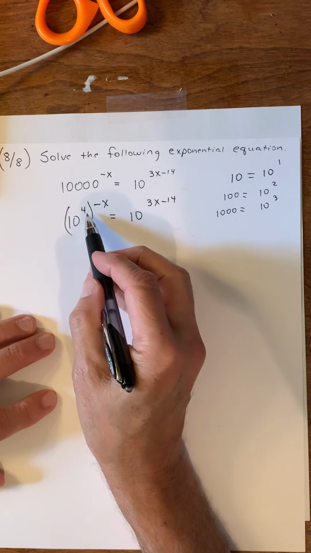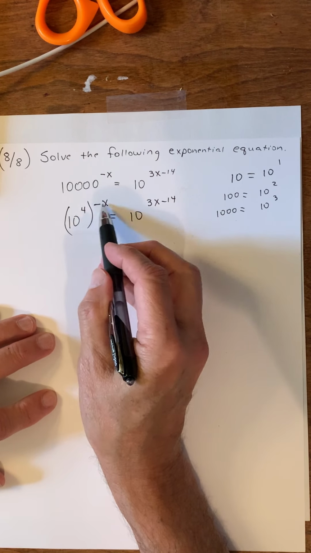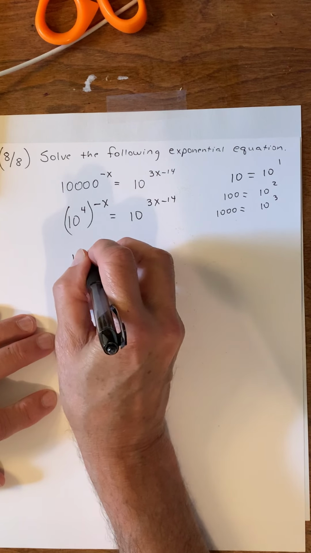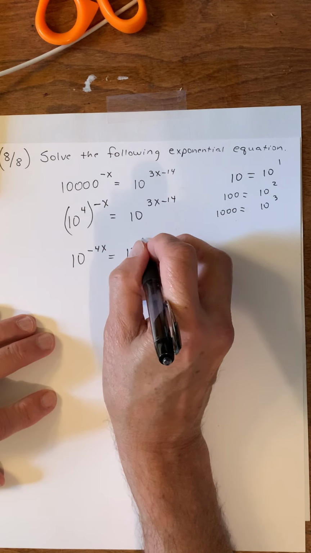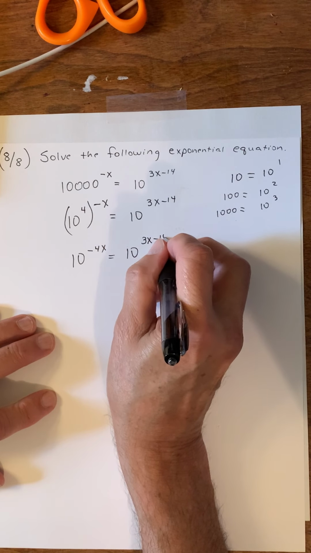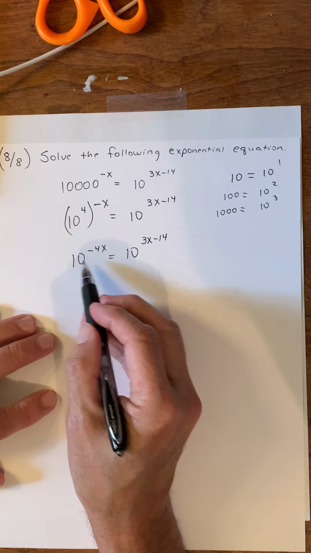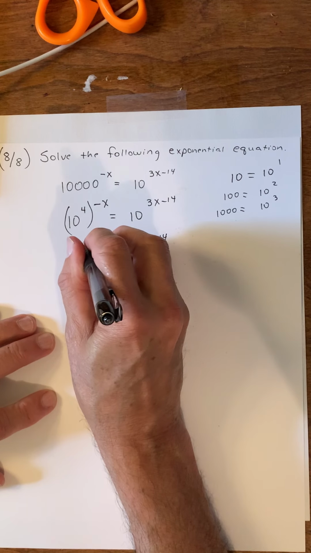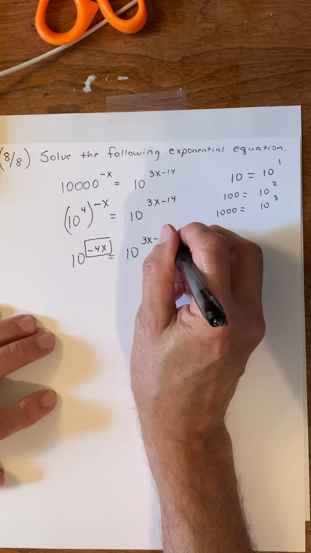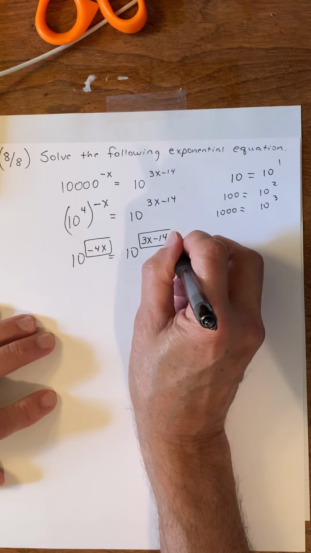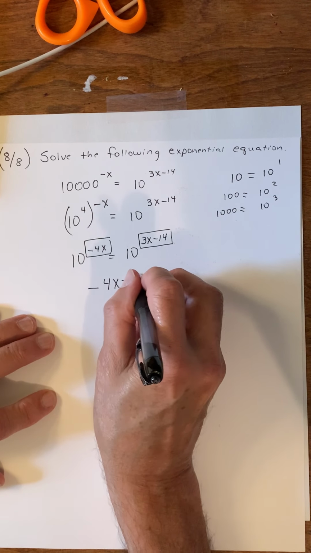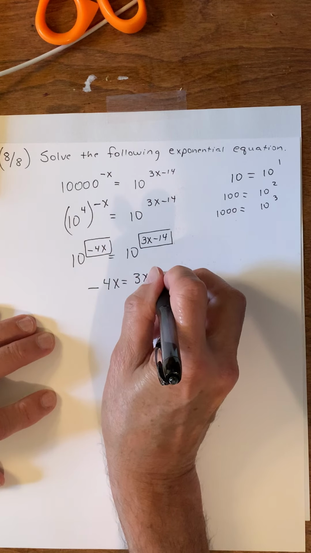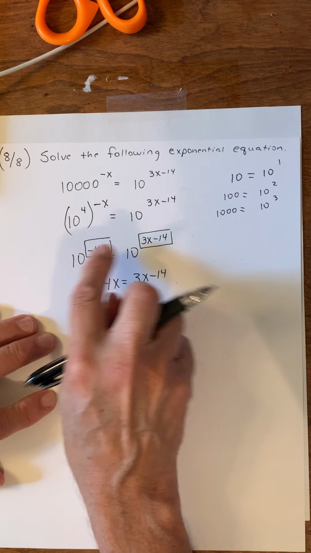All right, powers to a power, I multiply. Well, you know, I have identical bases. That must mean that my exponents must be equivalent. So I'm going to set -4x equal to 3x minus 14. Notice from this point on, we don't even worry about the tens.